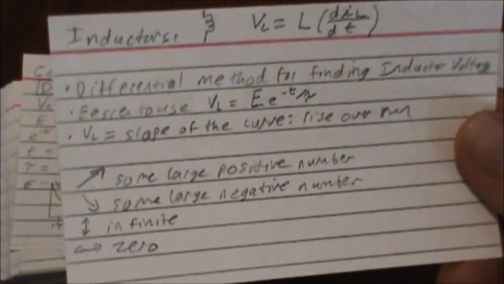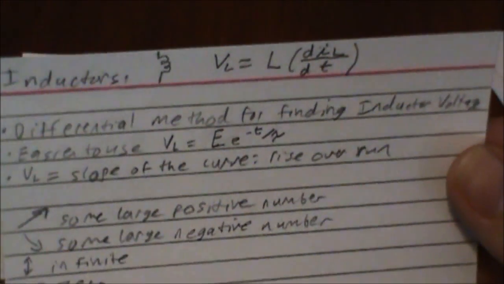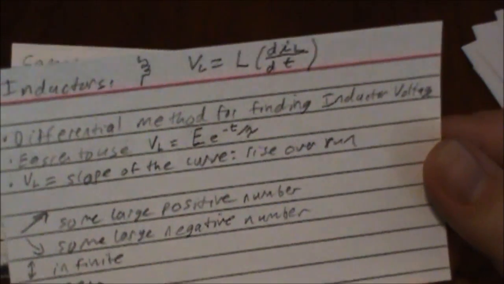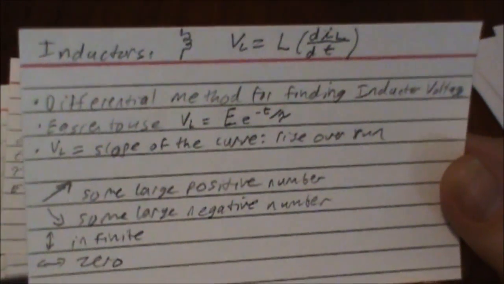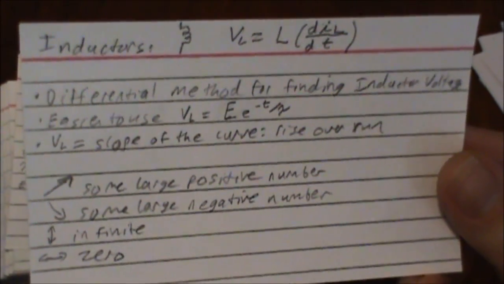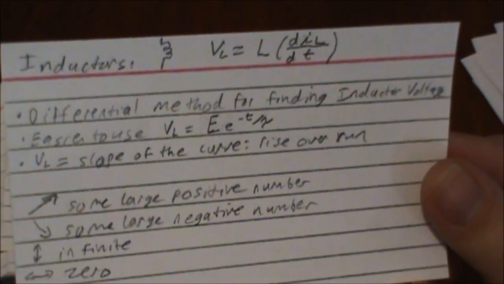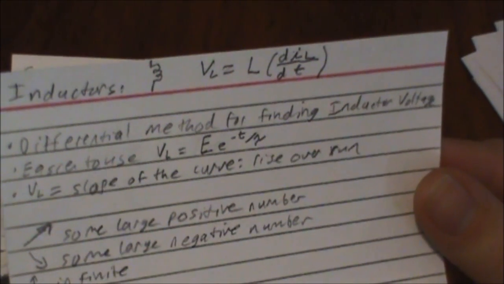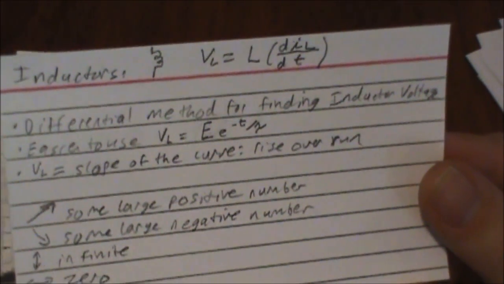A little bit more. Because it changes with time, there's also a differential equation relating to inductors. Yes, electrical engineering does need you to know a little bit of calculus. You can get by with algebra for most of it.